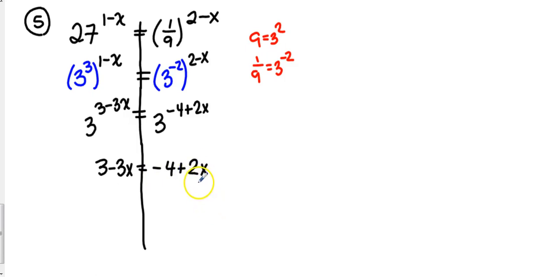Go ahead and finish solving for x, and then when you're ready, compare answers with me. So press pause until you're done. Again, when you press play, I will continue through to the solution. So first, I'm going to subtract 3 from both sides.